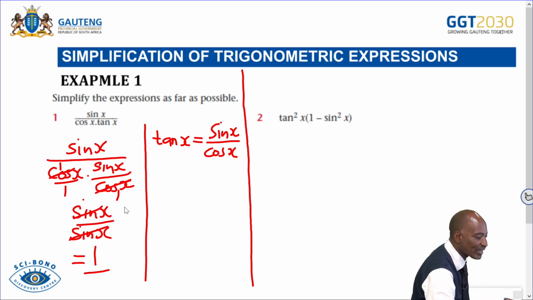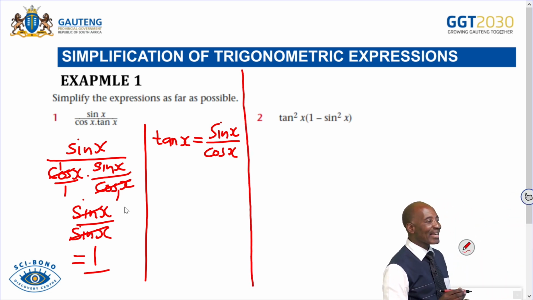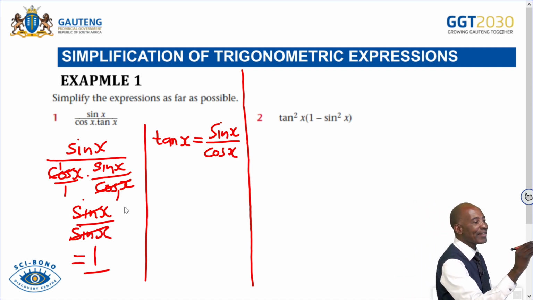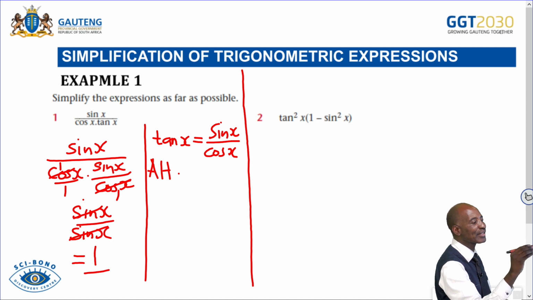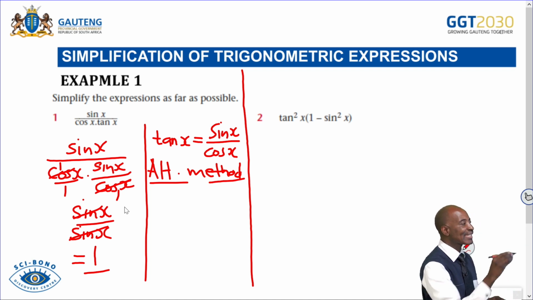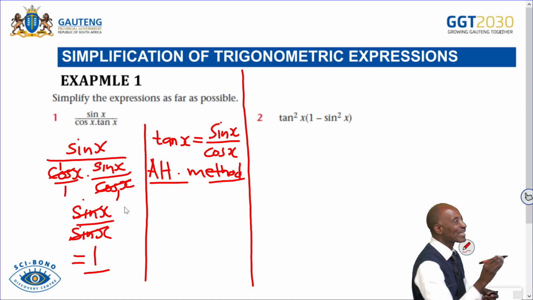Alternatively, one learner could have said, this is your alternative approach, alternative method of simplification. You could have said, oh, I'm noticing something here.